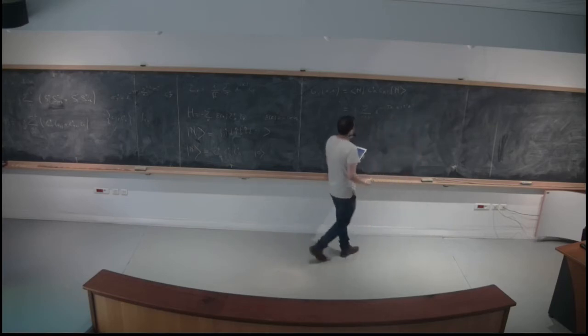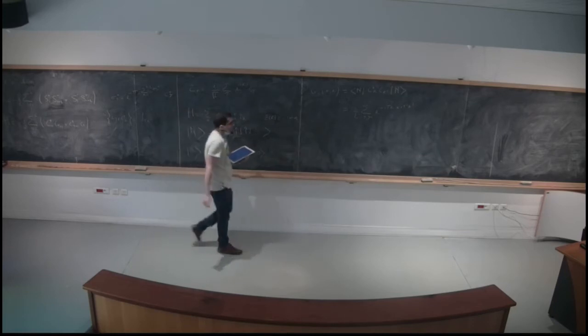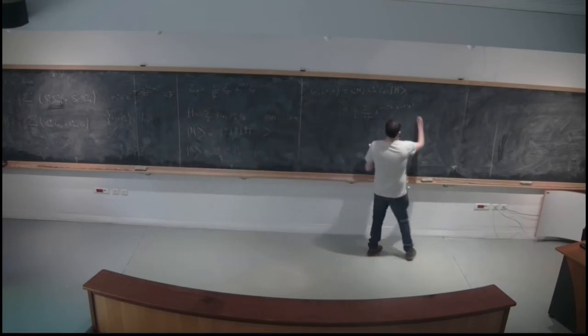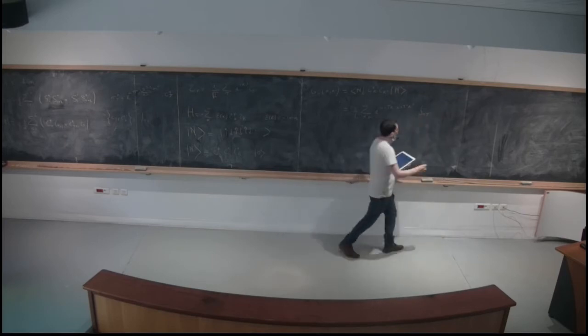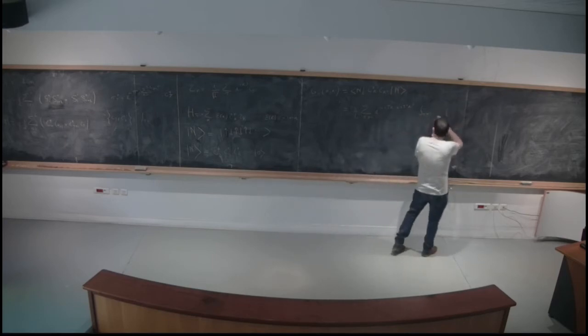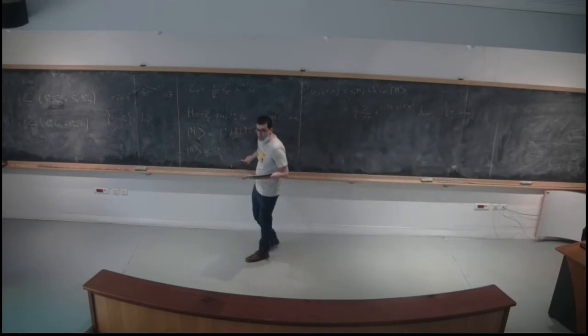Then, due to this structure, you get a delta j, j prime, but this term is non-zero only if j is even, because here you decided to put the fermions on the even sites only.